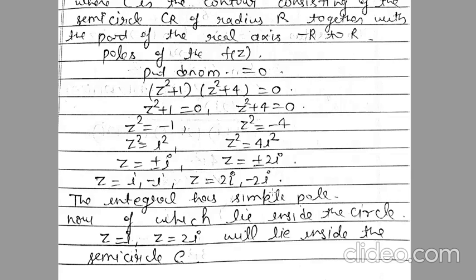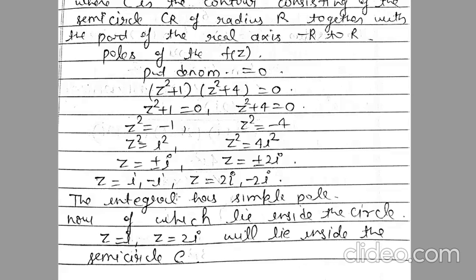Now z is equal to iota, minus iota, 2 iota, minus 2 iota. First we need to check which ones lie inside the contour. These are simple poles. You can see here z is equal to minus iota is a negative coordinate. That means z is equal to minus iota, you can write x plus iota y is equal to minus iota.